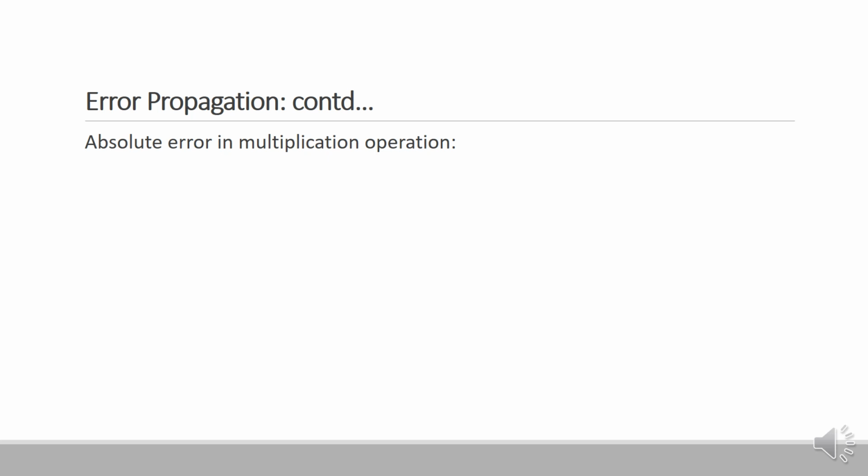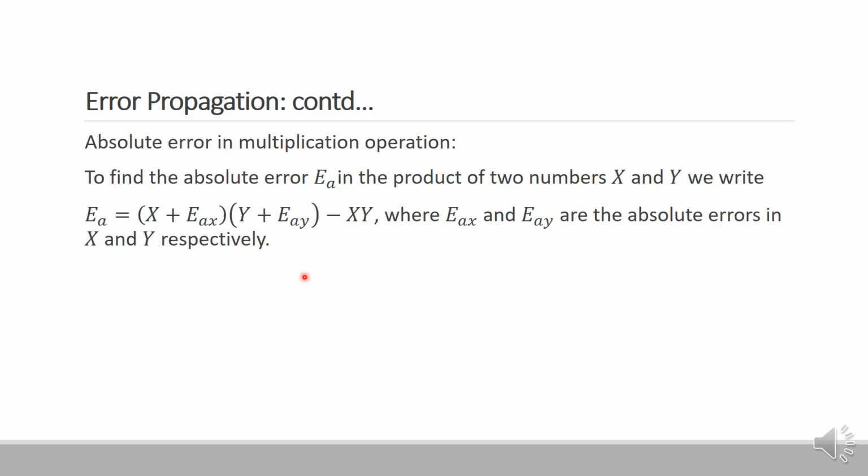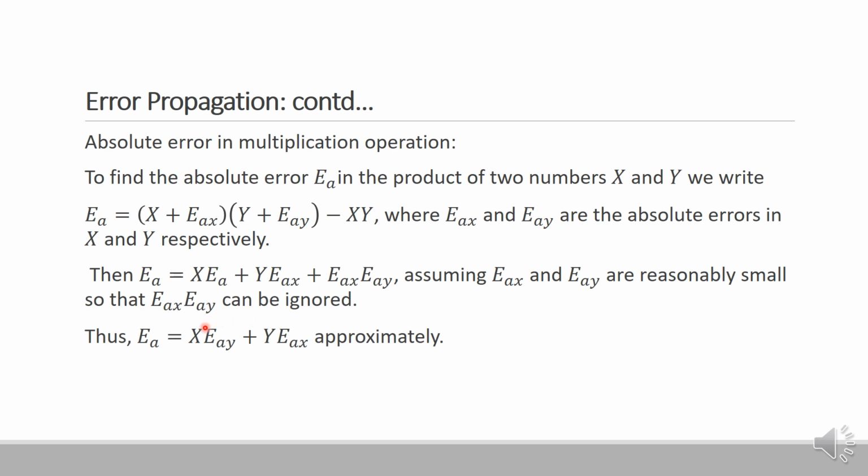In multiplication operation, suppose EA is the absolute error of the product of two numbers, then we can find EA to be equal to x EAY plus y EAX approximately.